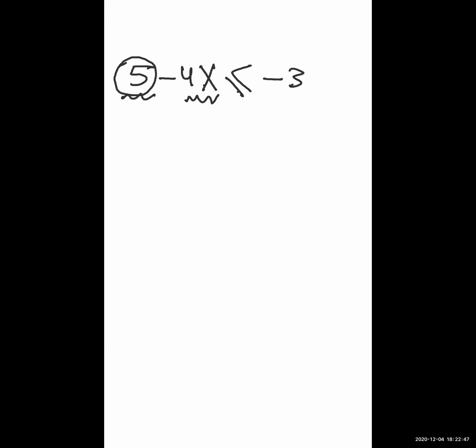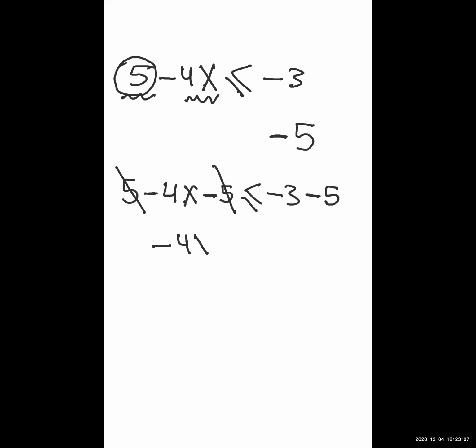So I will subtract 5 from the two sides. So 5 minus 4x minus 5 less than or equal negative 3 minus 5. Here 5 minus 5 means 0. So negative 4x less than or equal negative 8.